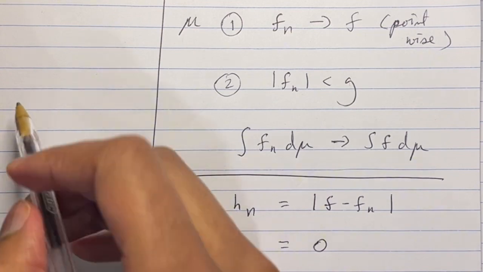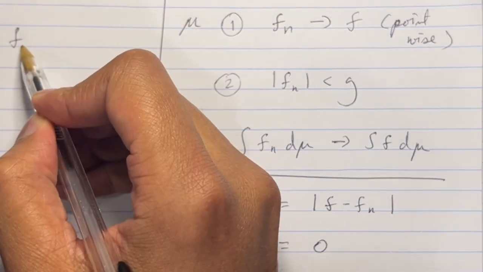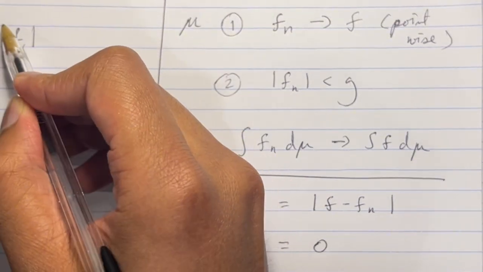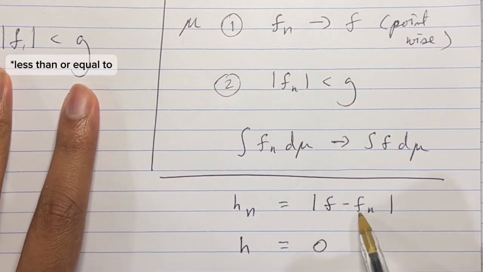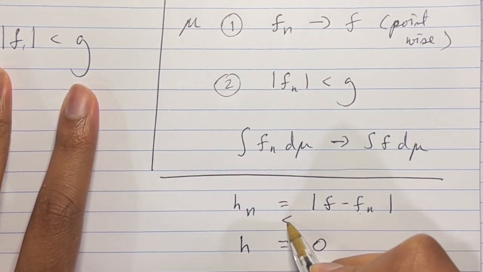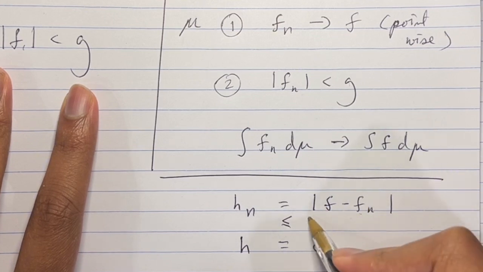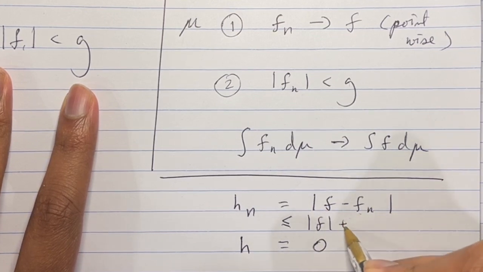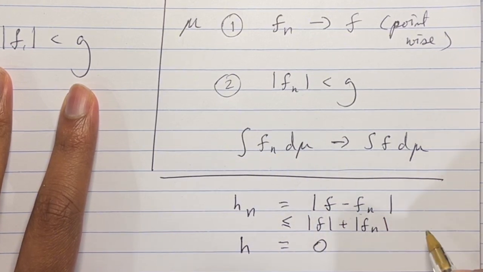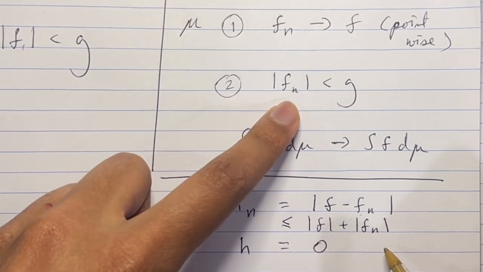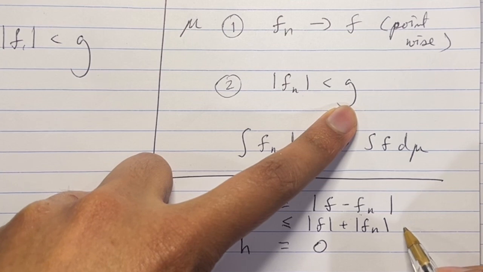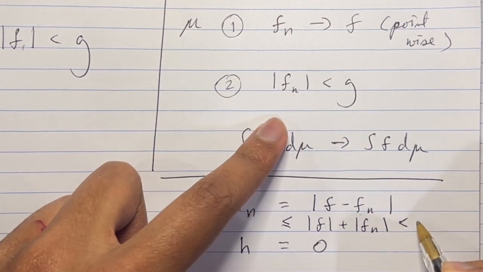So at the limit, we have that the absolute value of f is less than g. If the absolute value of f is less than g, then we can use the triangle inequality, and this is less than or equal to the absolute value of f plus the absolute value of f_n. But the absolute value of f is less than g, and the absolute value of f_n is less than g, so this is less than 2g.